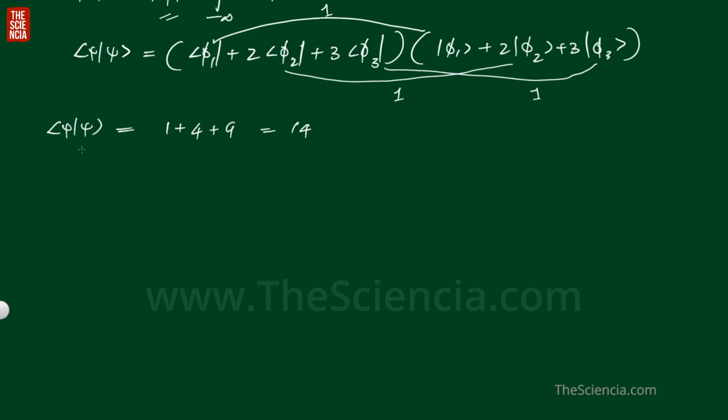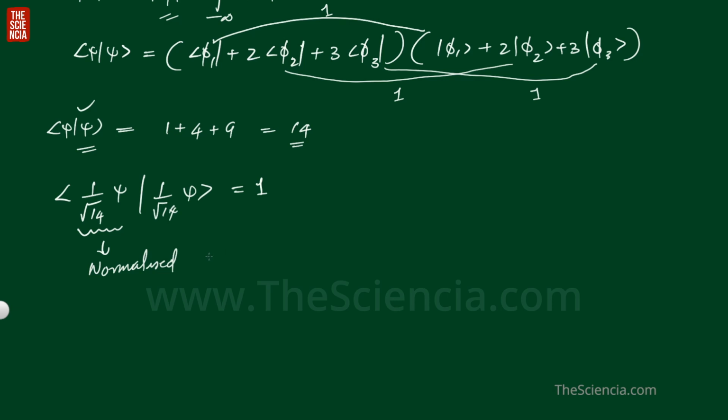If it is normalized, then we get this value equal to 1. But here it is 14. So how can we make this value equal to 1? There is a method, that is, we have to multiply by 1 by root 14 with bra psi and 1 by root 14 with ket psi. Okay, so we will get a value equal to 1. That is, this is the normalized wave function.